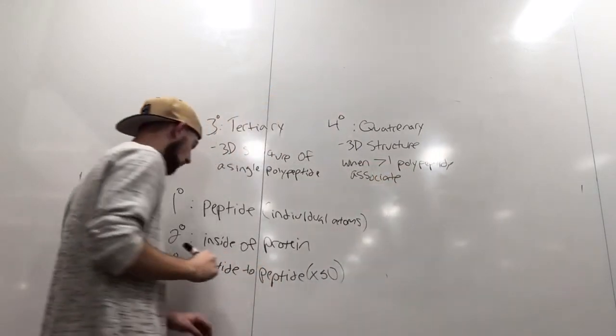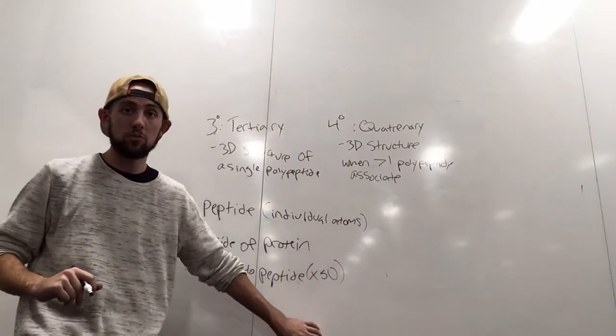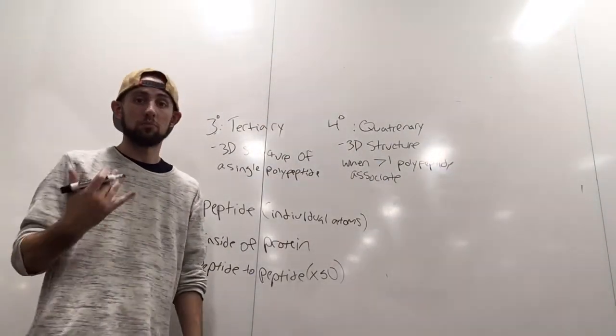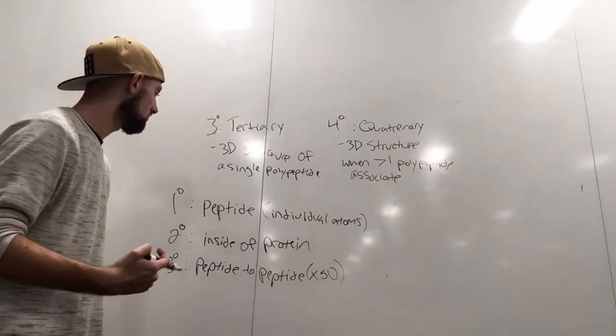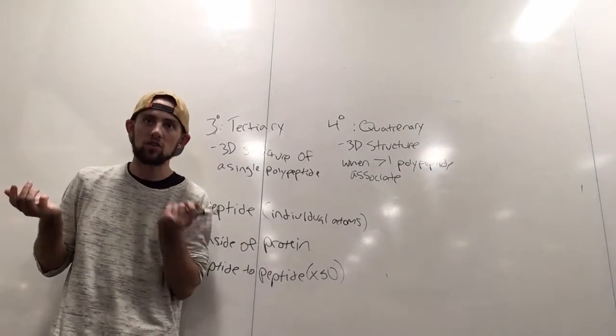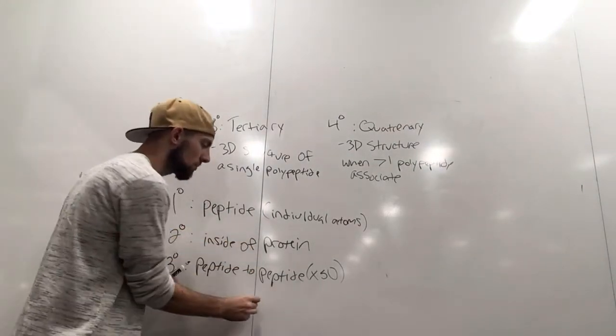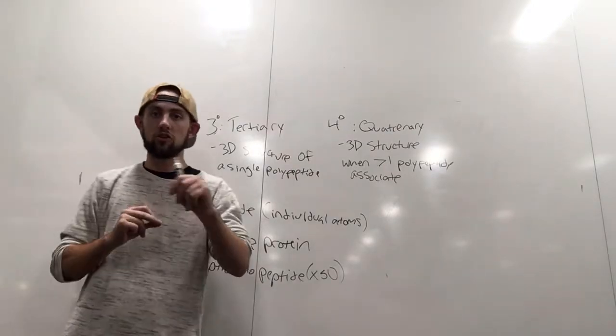Okay, so now that we've formed one polypeptide with like 50 different amino acids, because that's what the monomer is, let's make sure we're using the right phrase: 50 amino acids to make a polypeptide. And now we have 50 and 50.